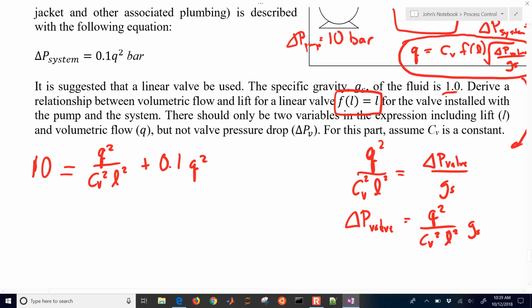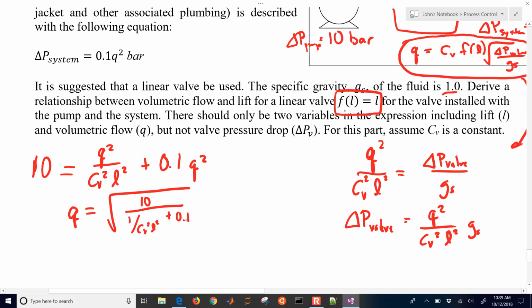If you wanted to collect the Q's all on one side, you'd factor out the Q, divide it over, and then take a square root. And so Q would be equal to the square root of 10 divided by 1 over CV squared L squared plus 0.1.